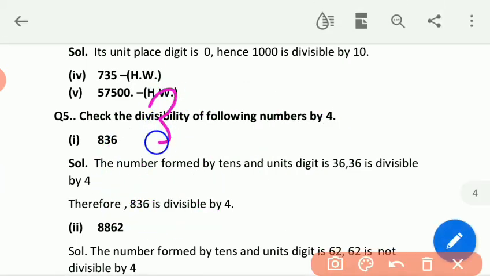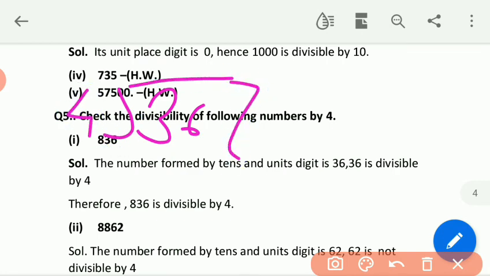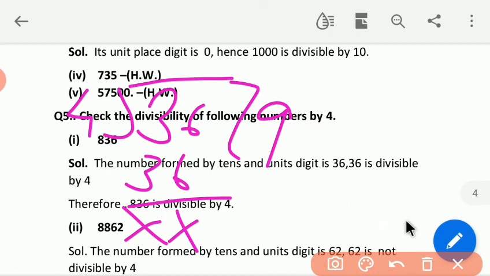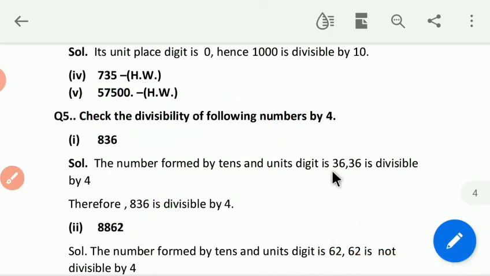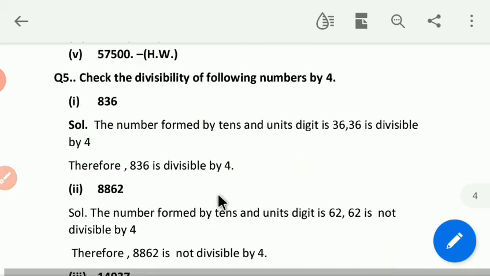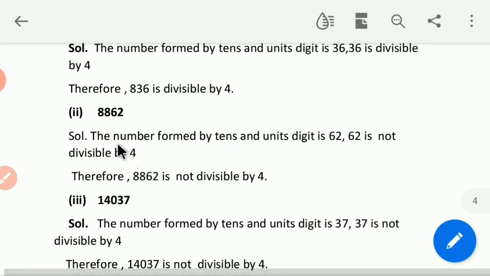So we know that 36 is divisible by 4 how many times? 9 times. It means 36 is divisible by 4. The number formed by tens and unit digit is 36. 36 is divisible by 4. Therefore, 836 is also divisible by 4. We can see that without dividing 836, we can find the answer whether it is divisible or not.